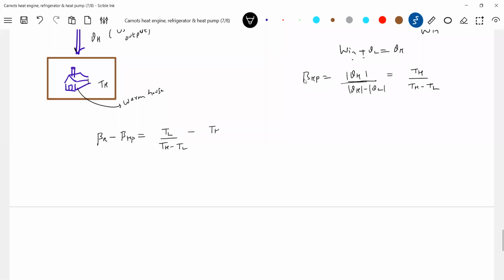For the heat pump, the formula is, okay, let me take out 1 by TH minus TL.